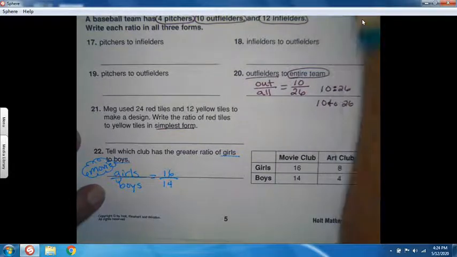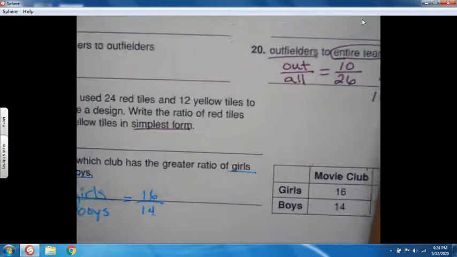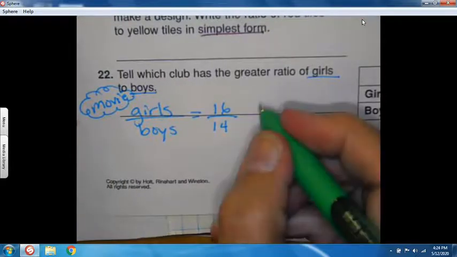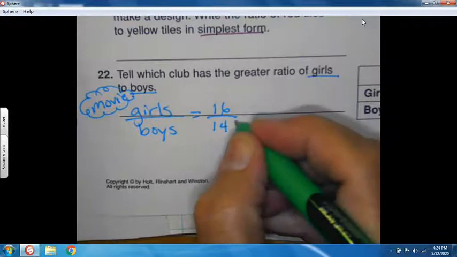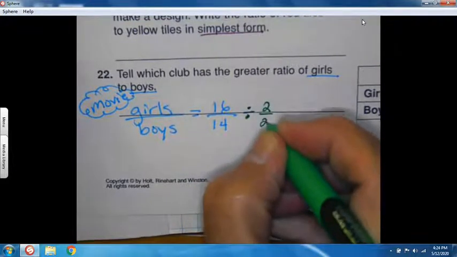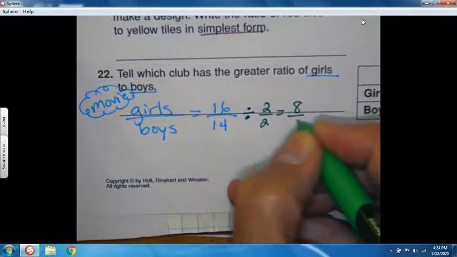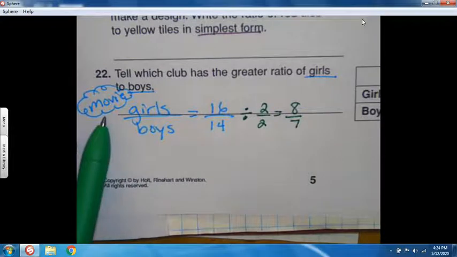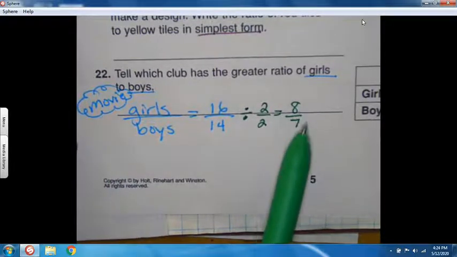Let me make this a little bigger so we can all see it. Okay, so our giant 1, what do we divide by? Well, we know 2 goes into both of them, so let's do 2. Divide by 2 over 2, and you get 8 over 7. So the movie club is for every 8 girls, there are 7 boys.